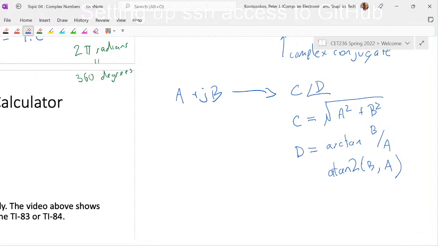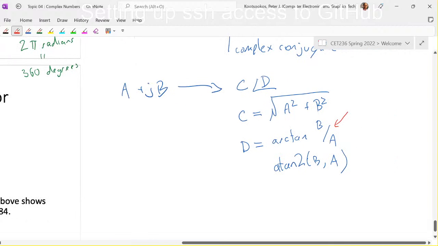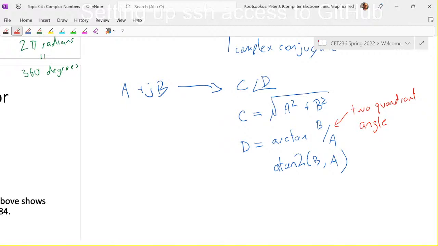But this one here is only 2 quadrant. If you know that your angle is in the right half plane, then it's okay. So if a is positive, then you know it's in the right half plane, so you can just use the straight arctan function.